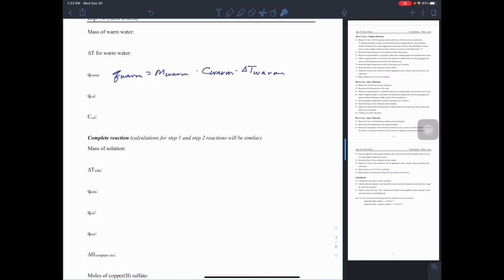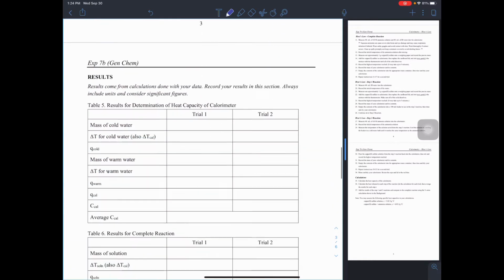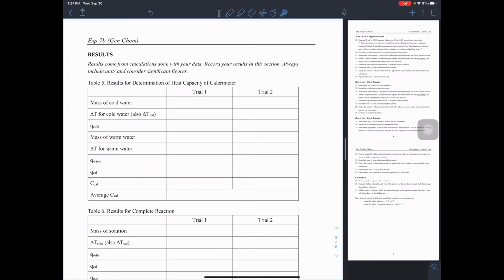So we just calculated the mass of the warm water right here and delta T for the warm water right here. What's C? Well, C is still 4.184 joules per gram degree Celsius. All right, so we're going to record that down here. Q warm, right here.